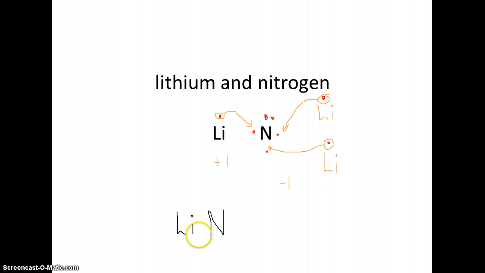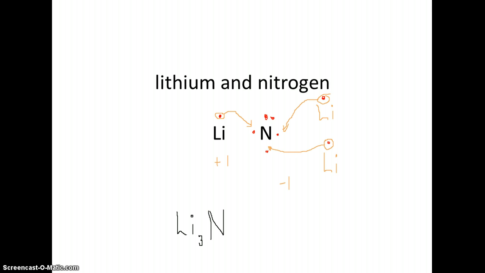So that means we have 3 lithiums, which is what we put as our subscript. And how many nitrogens do we have? We only have 1, and so we don't put a subscript down at all. And so the chemical formula for lithium and nitrogen is Li3N. The nice thing about Lewis structures is you can always predict what that chemical formula is based on the electrons and what it needs to get its complete valence shell.